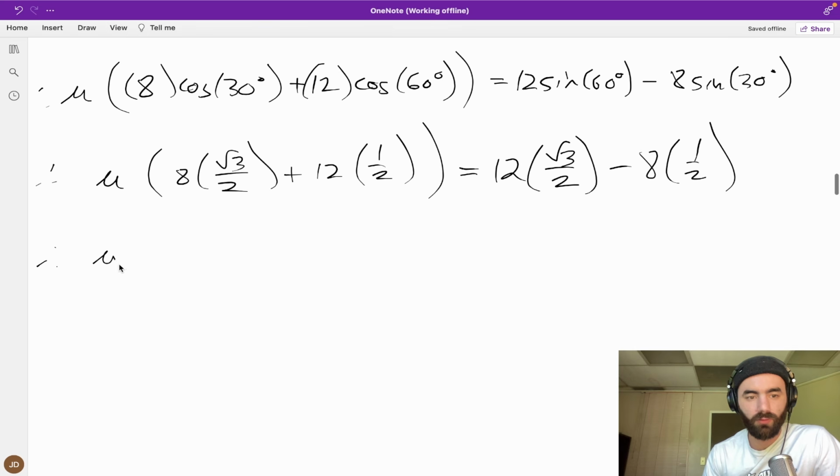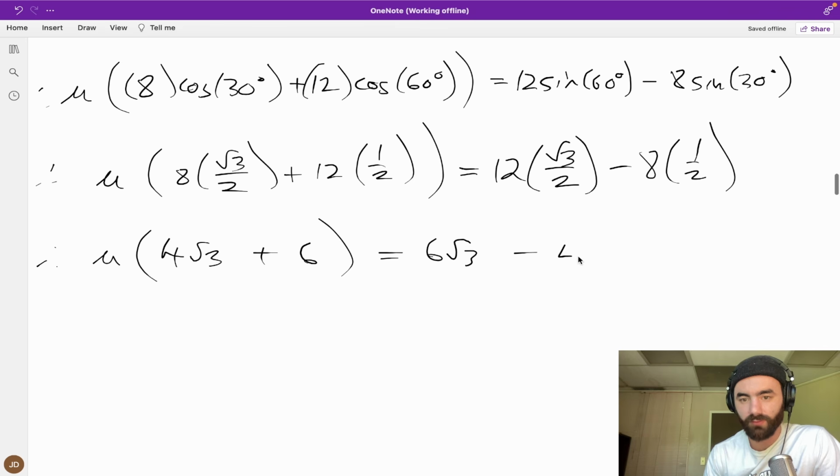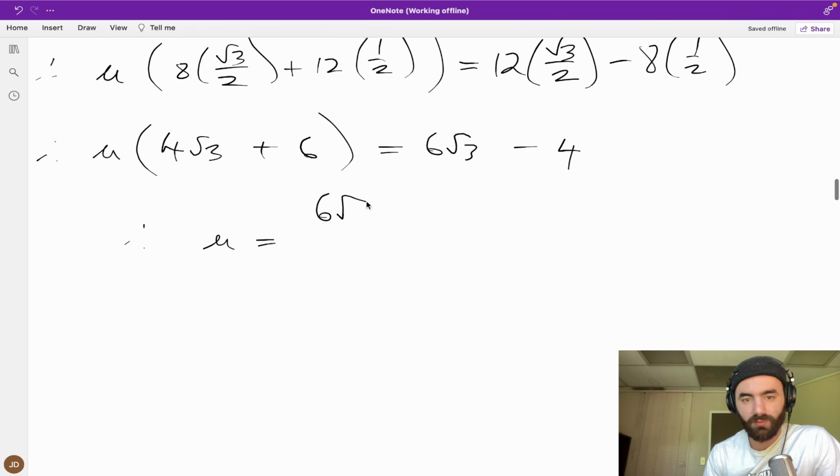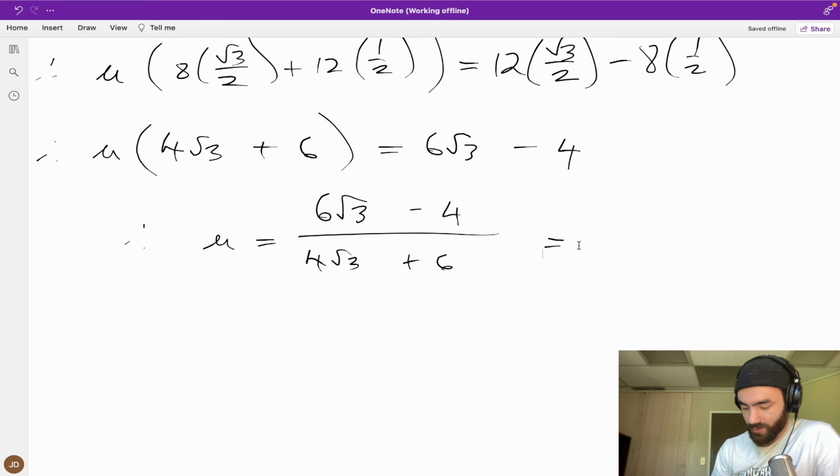So therefore mu times 4 square root 3 plus 6 equals 6 square root 3 minus 4. So mu equals 6 square root 3 minus 4 divided by 4 square root 3 plus 6. Plug that into your calculator, you get your value for this coefficient of friction.